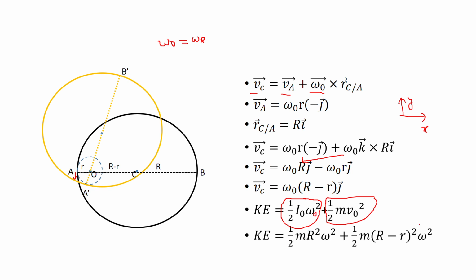So finally we can write, I naught is the moment of inertia of the ring about its center of mass, that is m R square, and this VCM is R minus r into omega, and the square of this is R minus r whole square into omega square, and omega is the angular velocity of the ring, that is omega naught. So finally we get the kinetic energy of the ring, and that is this expression.